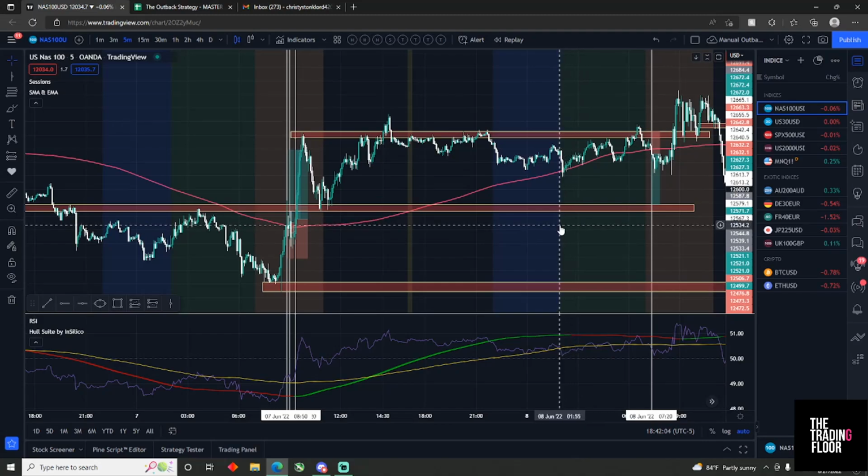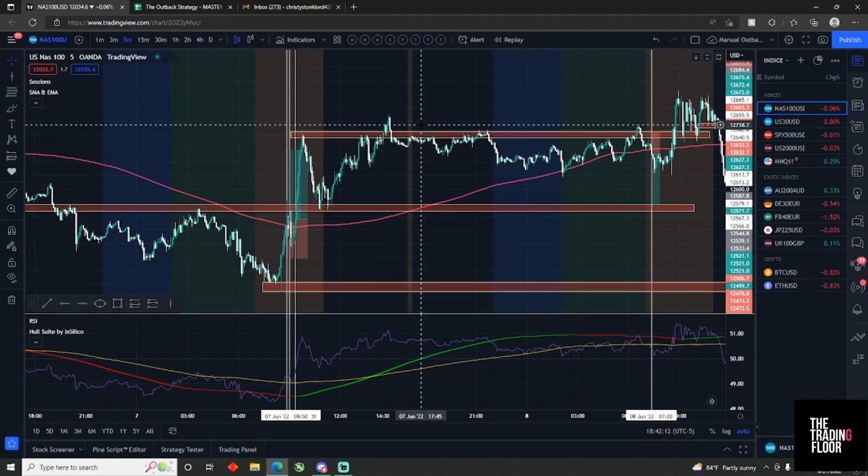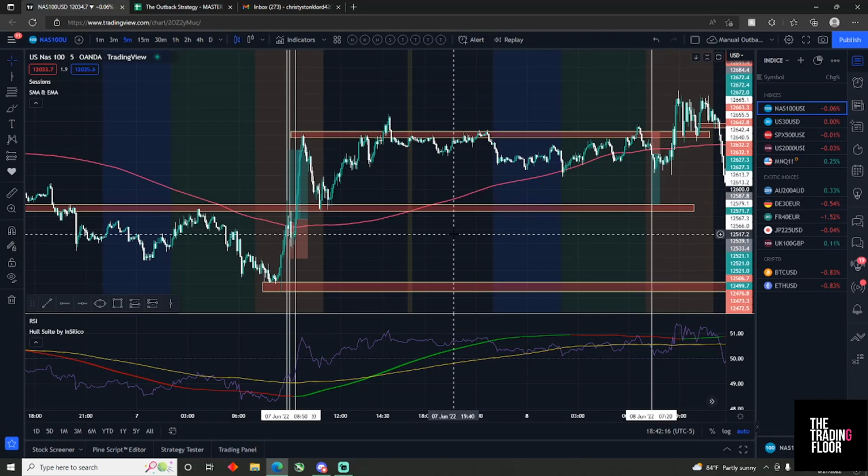But as far as Outback's concerned and this specific way of trading it on the 5-minute indices, from what I found, if it broke outside the levels, I just didn't place a trade there, because those were the levels that I thought price would basically reach that day and not break. And so if they do break it, I don't place a trade.